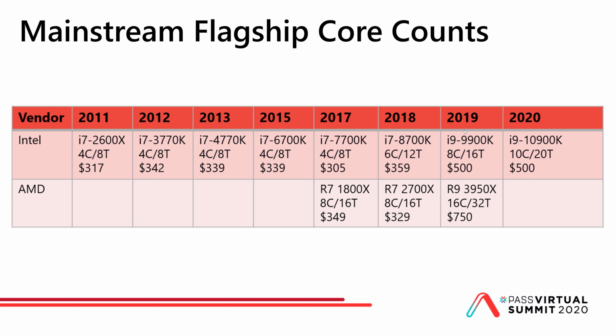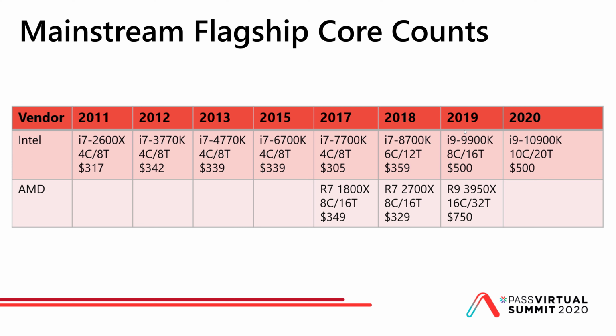So then finally, in 2018, Intel started reacting. They had to. So they had the Core i7 8700K with 6 cores and 12 threads. And then they went to 8 cores and 16 threads in 2019. And then finally, in early 2020, they went to 10 cores and 20 threads. And that's the highest core count you can get from Intel.